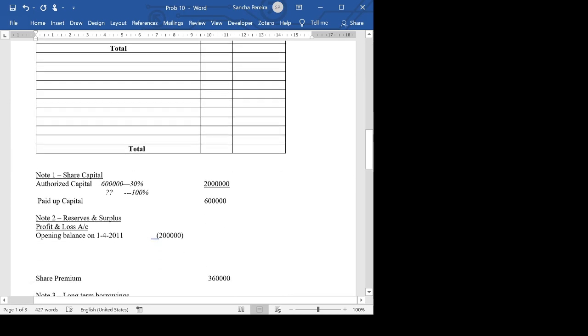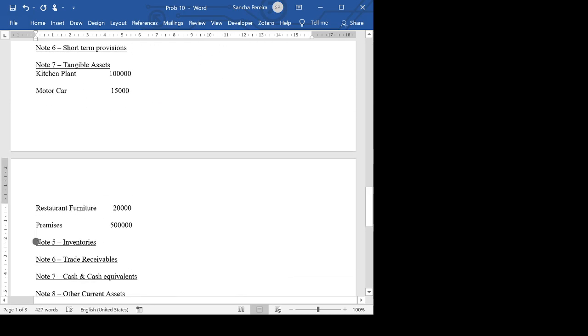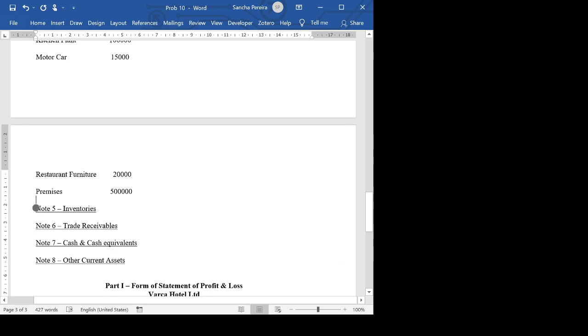Next, after the tangible assets, we have non-current investments. I'm talking about non-current assets now: fixed assets is the first item, then non-current investments. We don't have anything under that. Long-term loans and advances, these are long-term loans given.